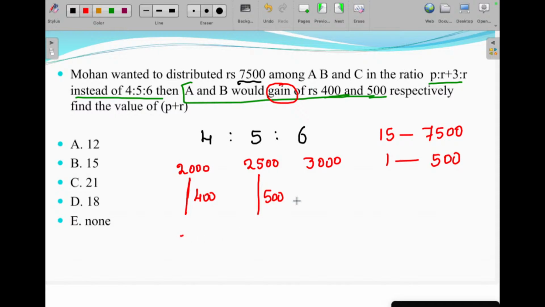Same amount I have, 7,500 only. In that amount, by mistake I'm doing this distribution. A I gave 2,500, B I gave 3,000 rupees, which means I need to reduce 900 rupees from C. I need to reduce 900 rupees from C, which means now we have 2,100 rupees.